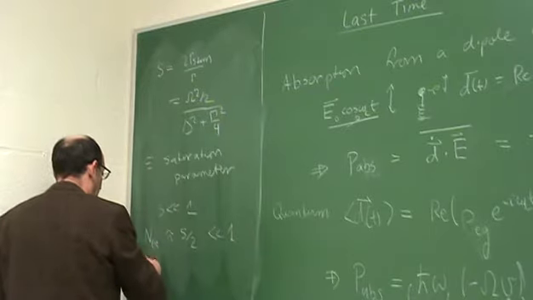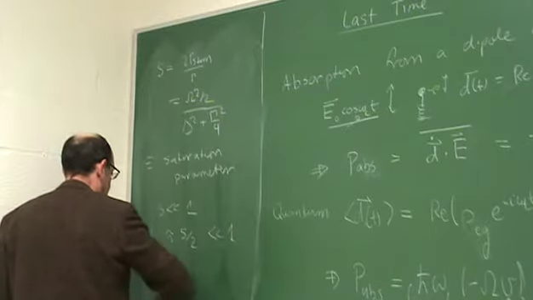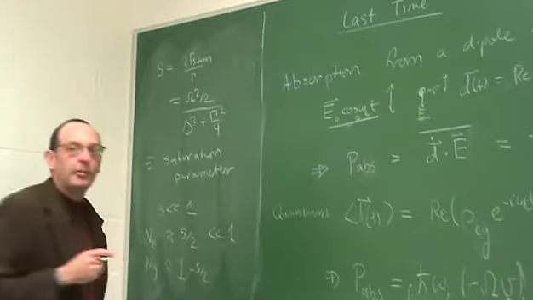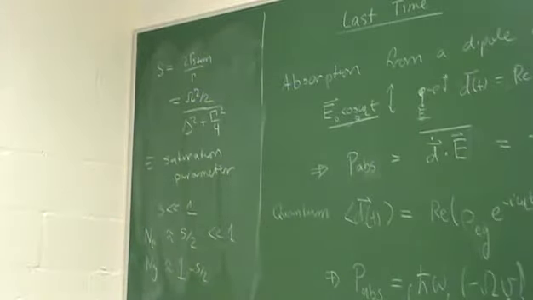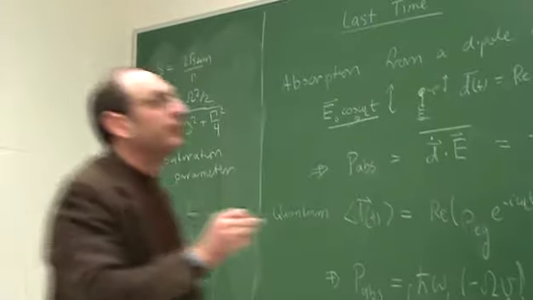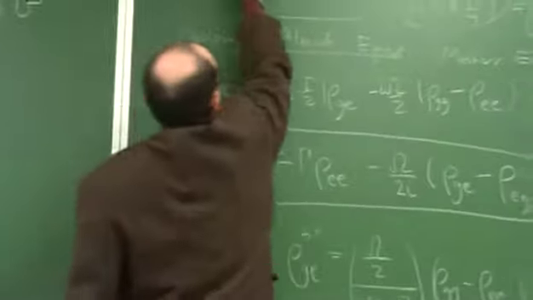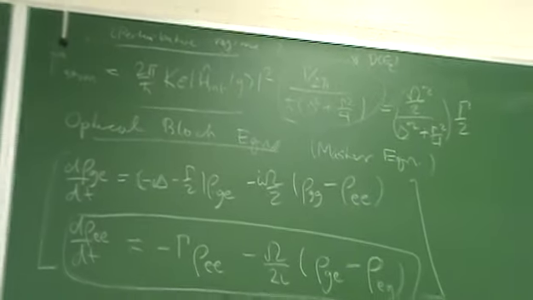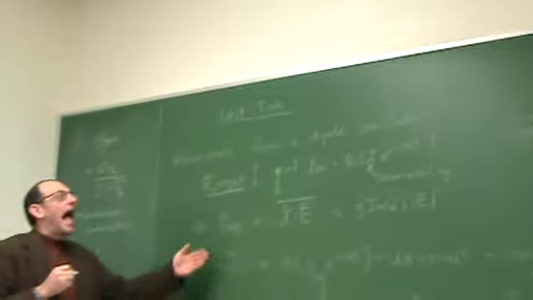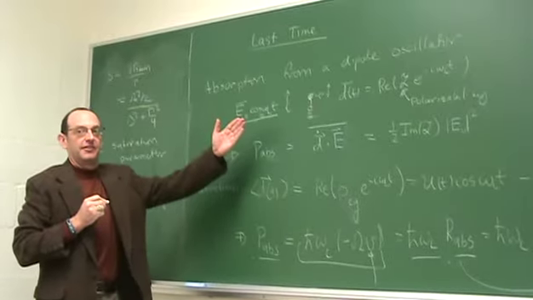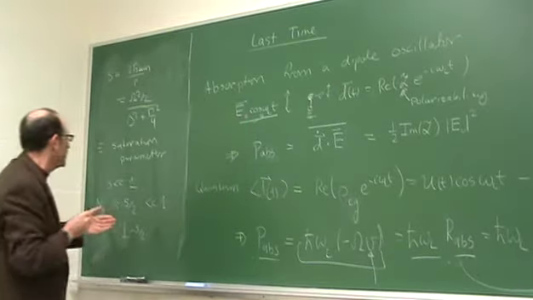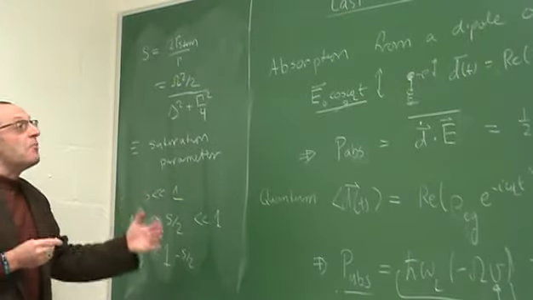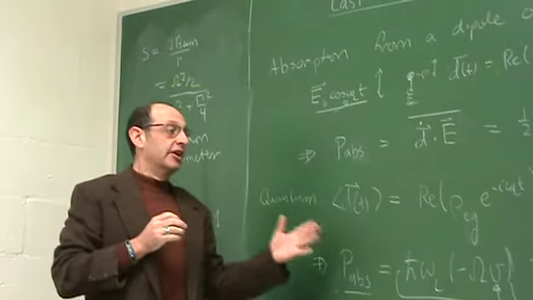And the population in the ground state is approximately 1, 1 minus that small amount. So this was the perturbative regime.